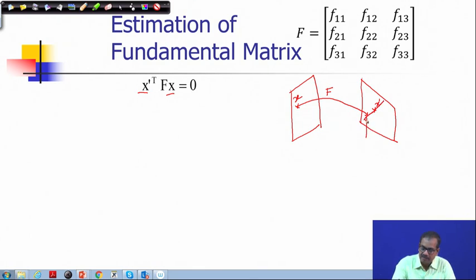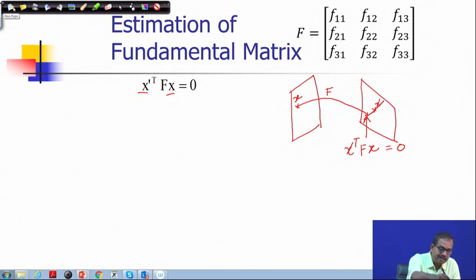So, this line is given by F x, and applying the point-on-line relationship of projective space, since x prime lies on this line, x prime transpose F x should be equal to 0. That is how we have derived this relationship.